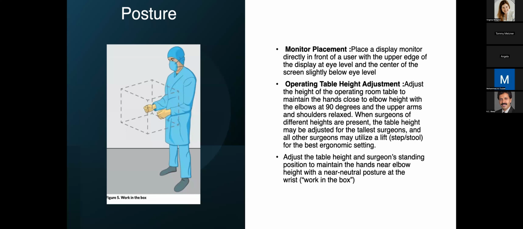When surgeons of different heights are present, the table height may be adjusted for the tallest surgeon, and all other surgeons may utilize a lift or a stepping stool for the best ergonomic setting. We should adjust the table height and the surgeon's standing position to maintain the hands near elbow height. As you can see here to the left, the work-in-the-box theory: you always want to keep your hands in that box.